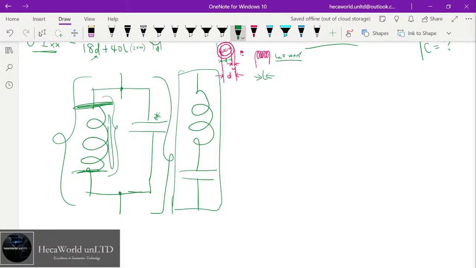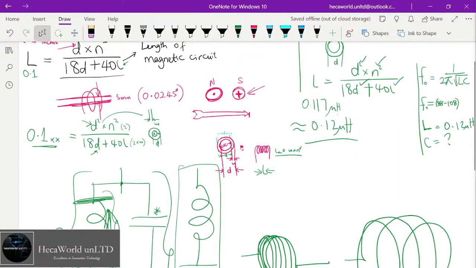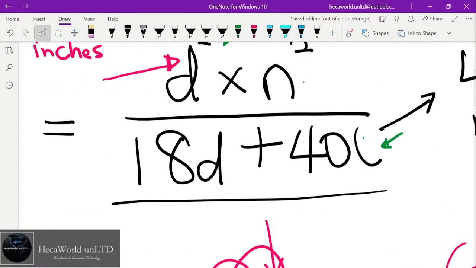So we can drag out this coil and space it out, so we could change how packed the turns were. We could make it look that way, or more loosely packed together. And you've seen from the equation that the length of the magnetic circuit has a role to play in inductance.